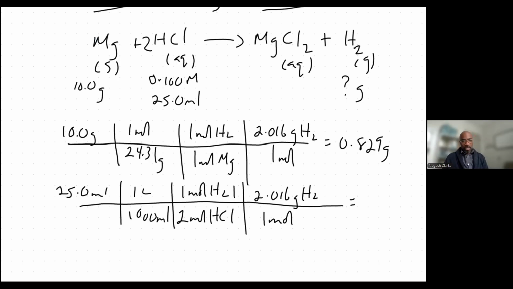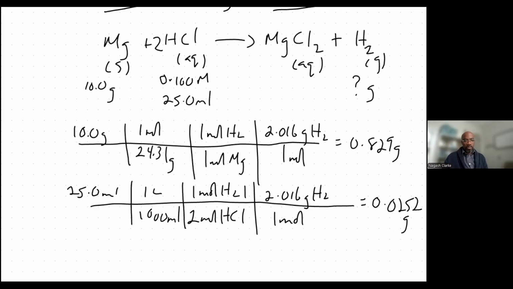So I multiply my 25 times everything in the top there, divided by, and that's going to give me 0.0252 grams. And I always like to double check just to make sure I'm punching in my numbers okay.